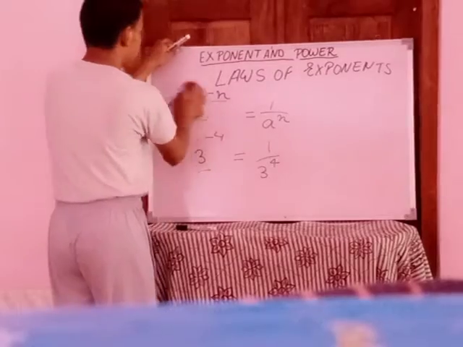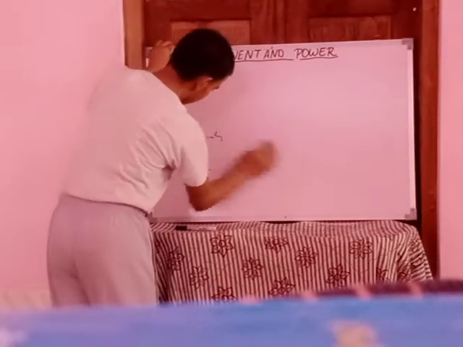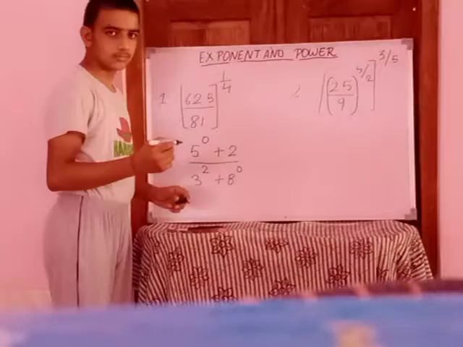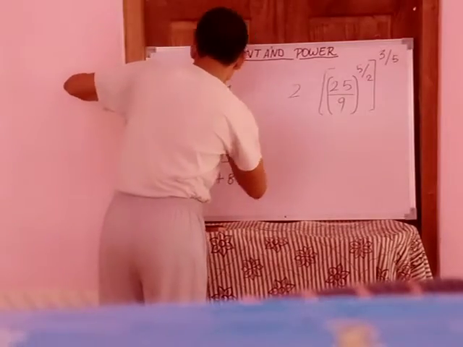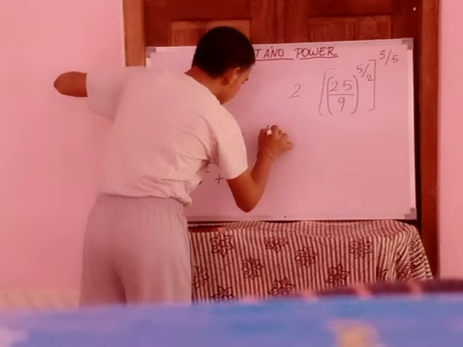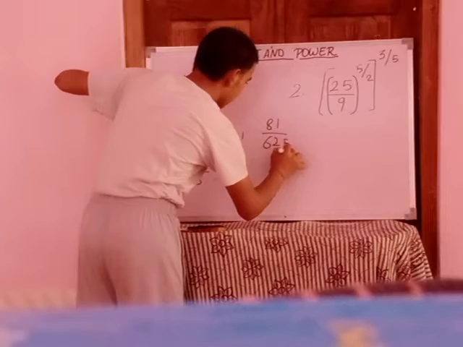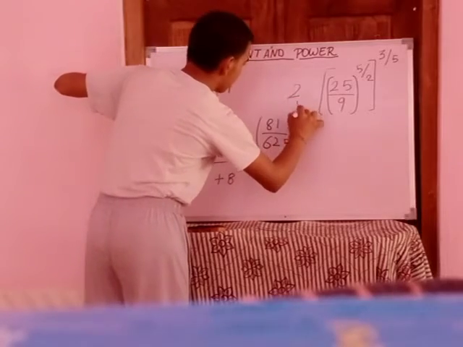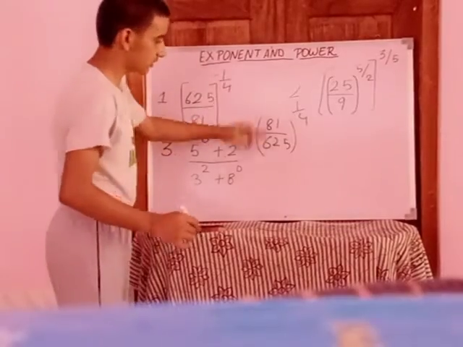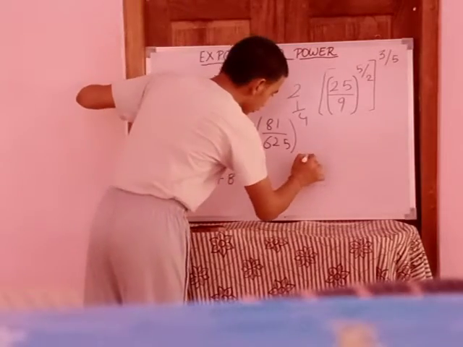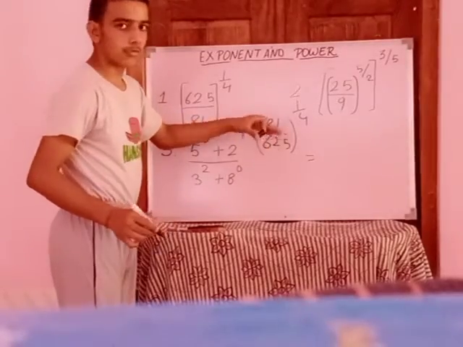Now let's move to our questions. Our first question: it can be written as (81 upon 625) raised to the power 1 by 4. To remove this negative sign, we invert the fraction. As we know, 3 raised to the power 4 is equal to 81 and 5 raised to the power 4 is equal to 625.